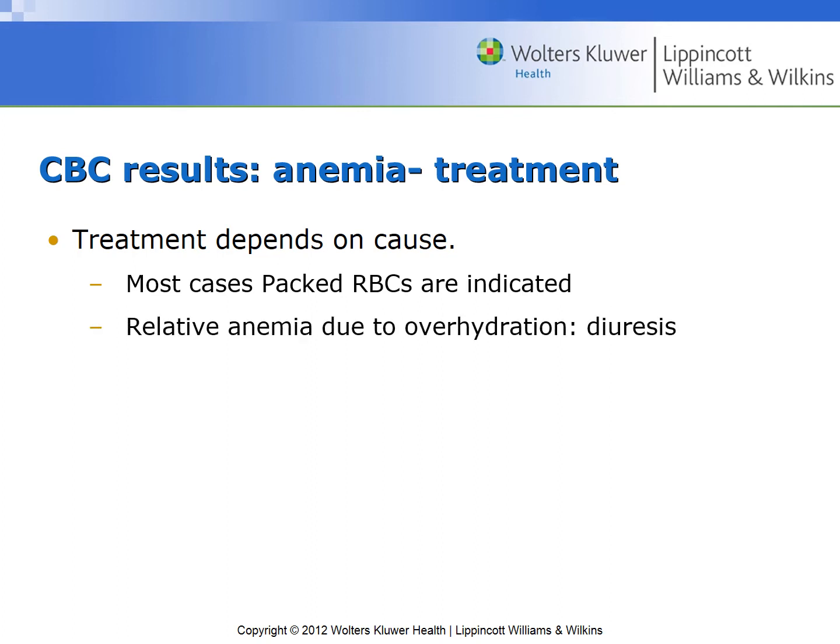Now, if you have a relative anemia due to overhydration, then diurese. Get the excess fluid off. Acute hemorrhage, well, one, stop the bleeding, but two, you're giving whole blood because you are not just replacing the packed red blood cells, you're replacing the plasma and everything else that is being lost onto the floor.